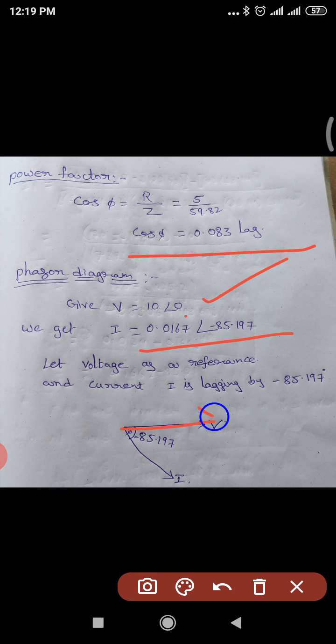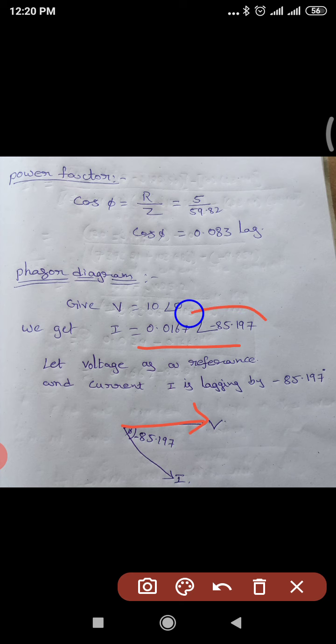Now I am considering voltage V as the reference, and if you observe the current value 0.016 at an angle, here the angle is important, minus 85.197.